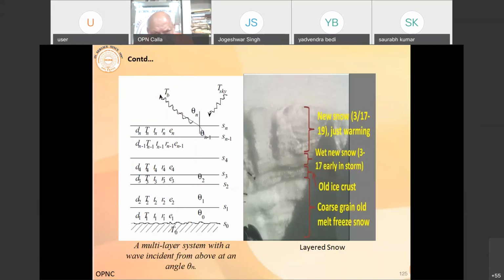And the new snow, just warming, the wet snow, the old ice crust, post grain, melt freeze. So these are the levels of the snow, and this is the microwave temperature obtained from the bottom layer to the top layer, showing how it reflects.